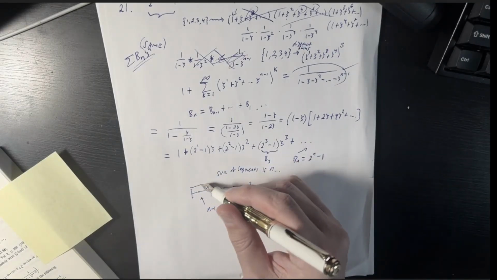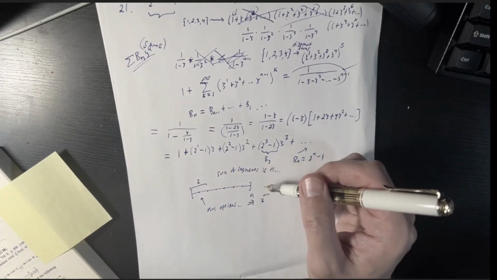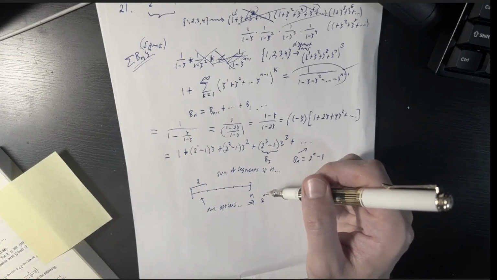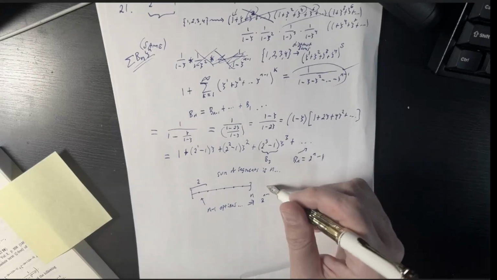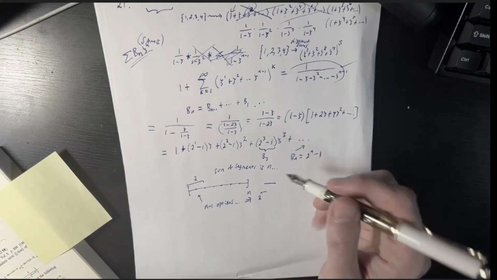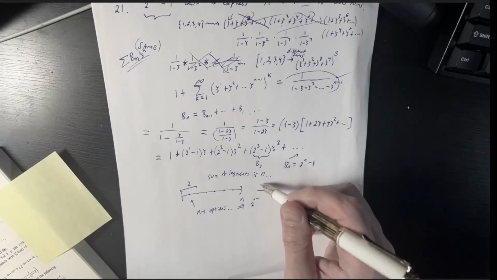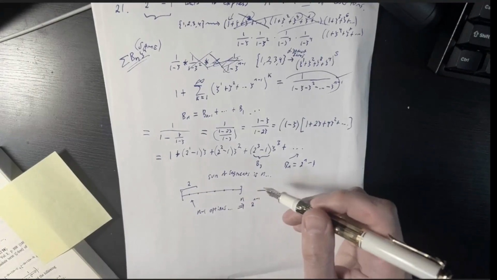So for instance, 2 is either used or it's not. I guess if you thought about it in terms of the multiplication principle, or this counting principle, you choose the first term, you have n minus 1.